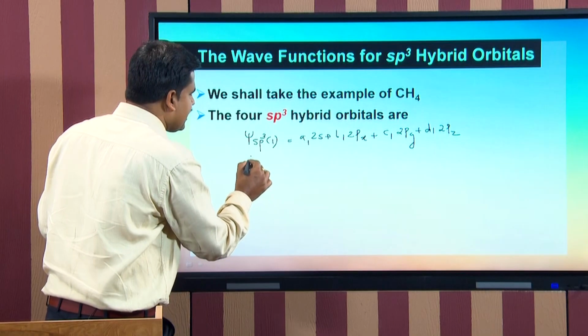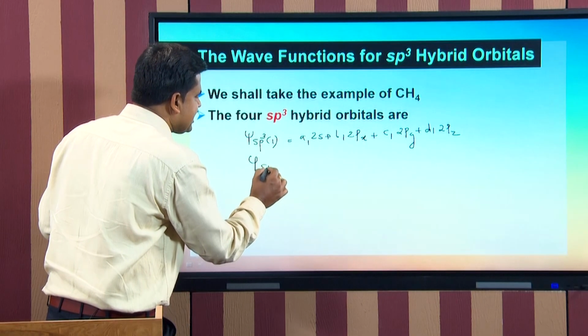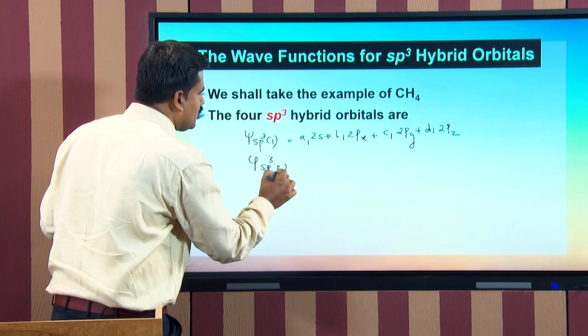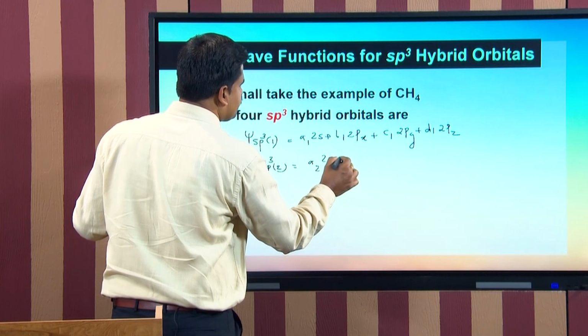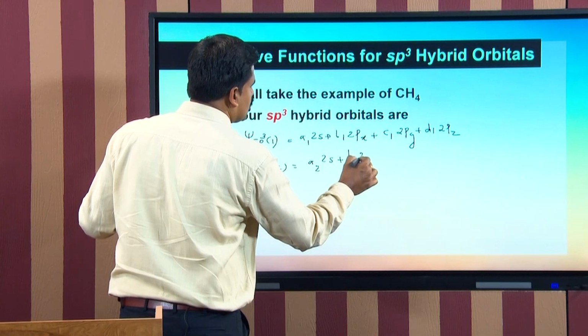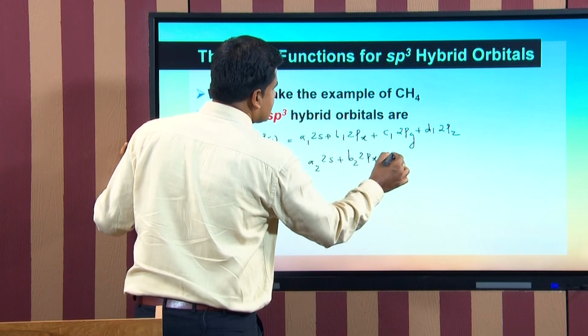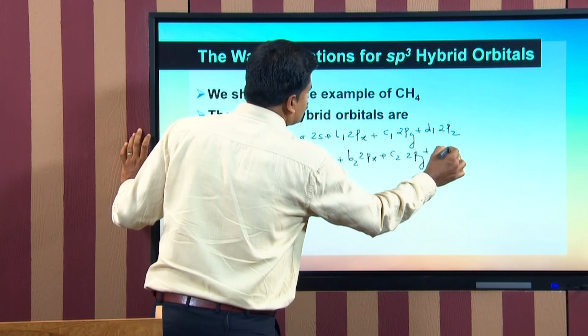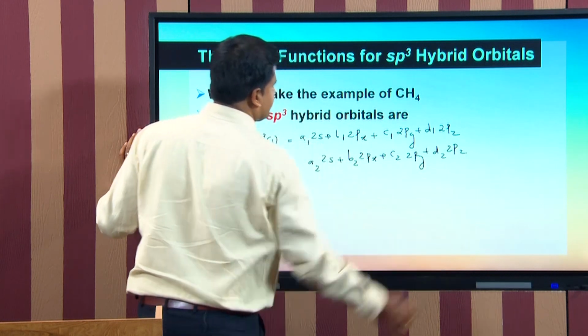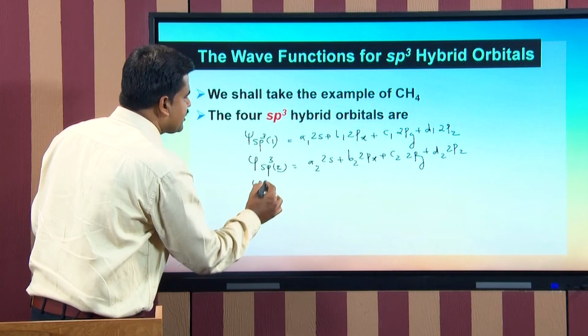The second hybrid orbital wave function, psi sp3 2, will be equal to A2 2s plus B2 2px plus C2 2py plus D2 2pz.